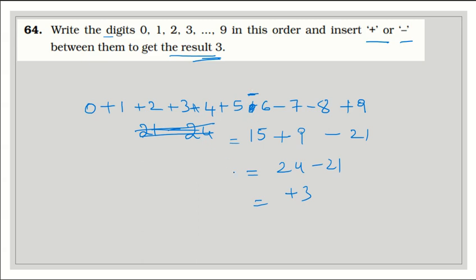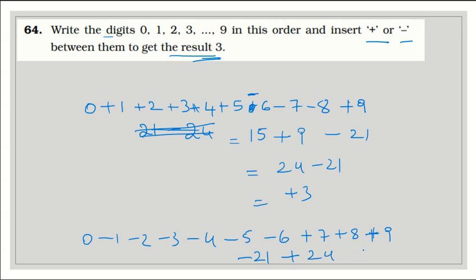Here, this is one possibility. Another possibility could be 0, minus 1, minus 2, minus 3, minus 4, minus 5, minus 6, plus 7, plus 8, plus 9, which gives me minus 21 and plus 24, which gives plus 6.